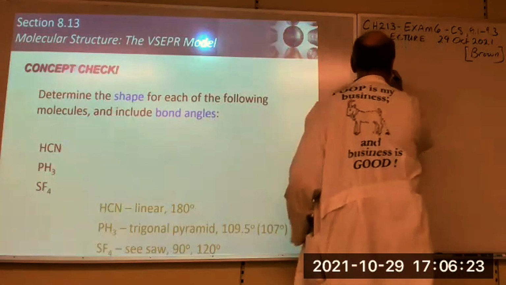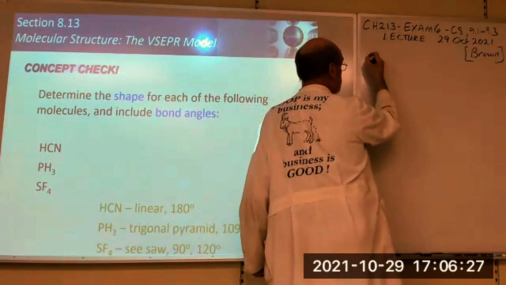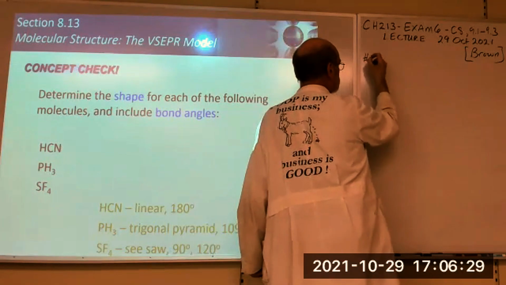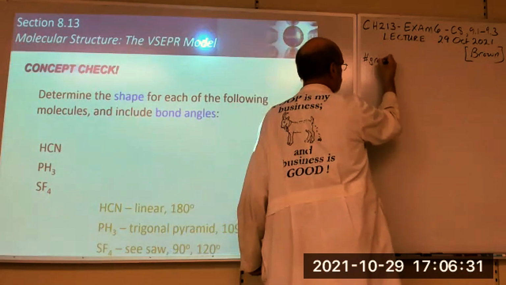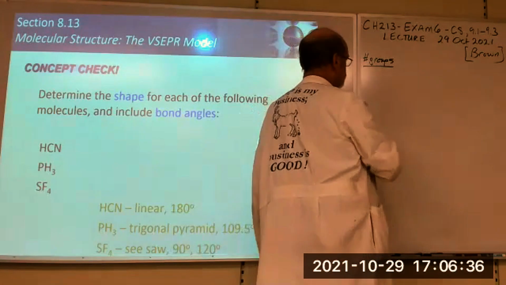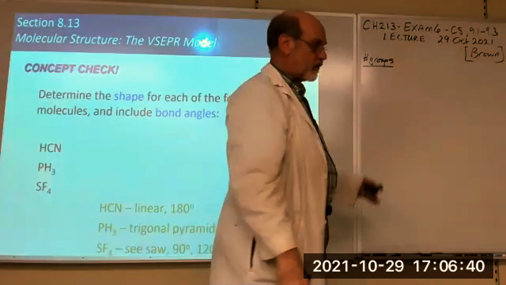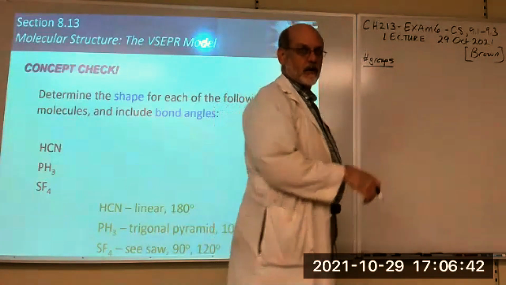So here in this column, I'm going to put the number of groups. One group is kind of stupid, because if you got one group, it's linear no matter what.